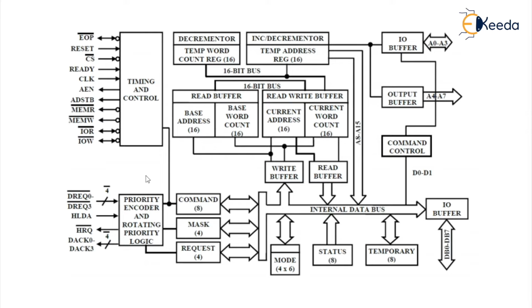By using the 8237 DMA, we can copy data from one location to another without intervention of the microprocessor.